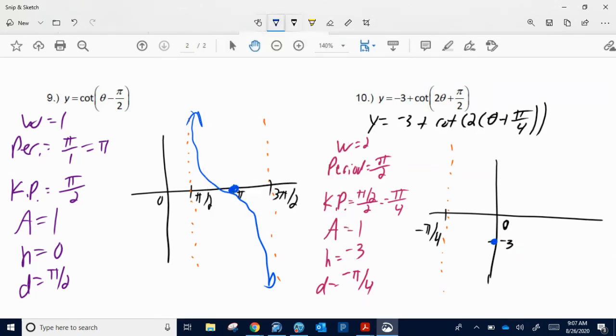And then move forward another key point, so another pi over 4 puts you at pi over 4. That will be our second asymptote. Cotangent curves always decrease, so we hug the asymptote on the left, dive across the center, hug the asymptote on the right. All right, guys, that's all we got.